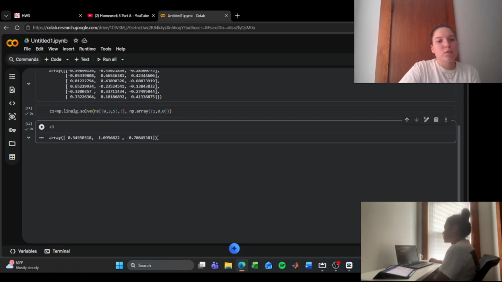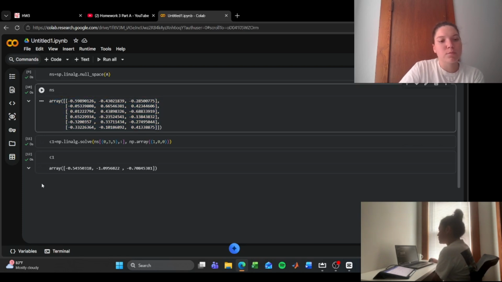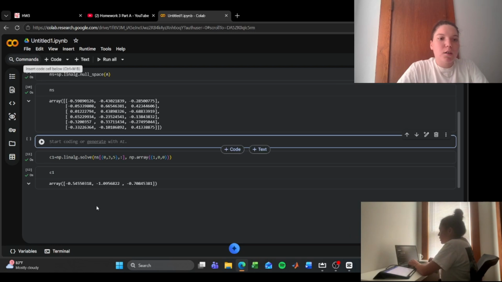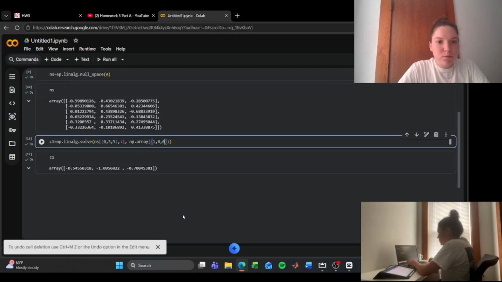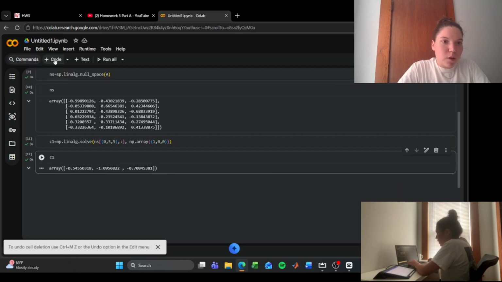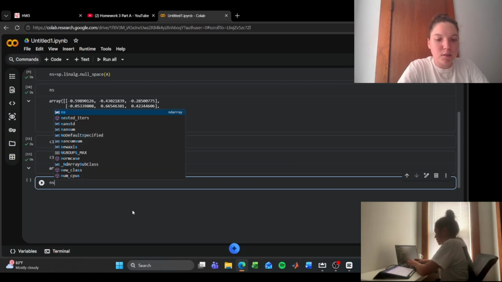Okay, cool. So we have this new array, and so we can multiply these numbers by this matrix to get our dimensionless numbers. Now we want to take the dot product of the null space and C1.